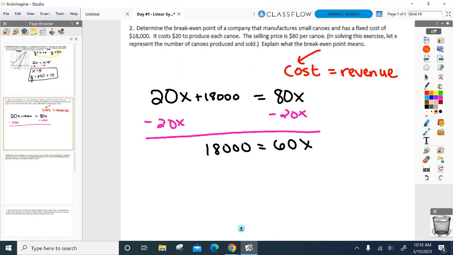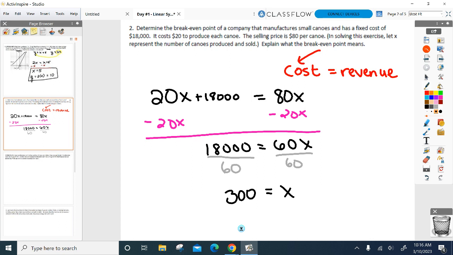Divide by 60. So to break even, I'm going to need to sell 300 canoes.